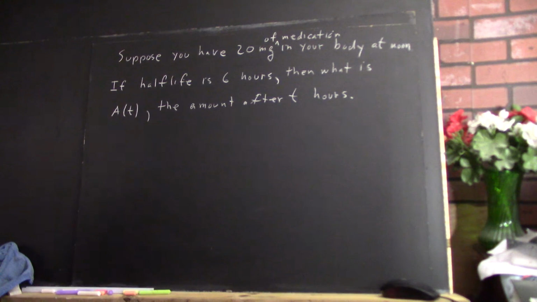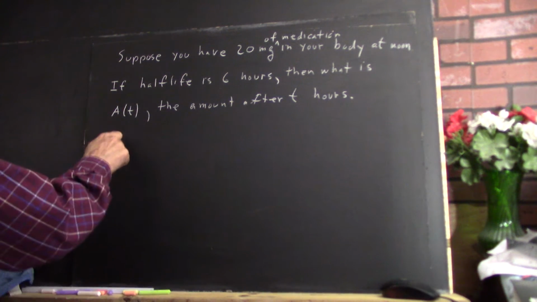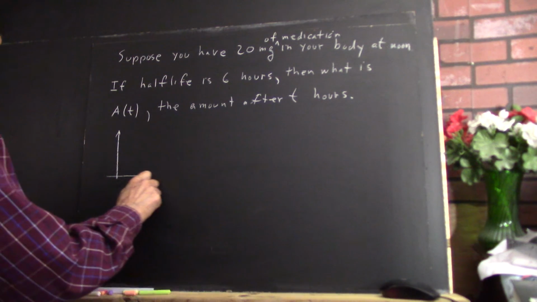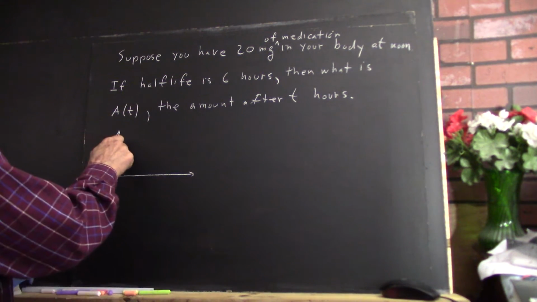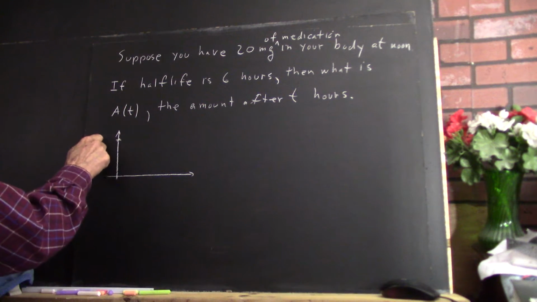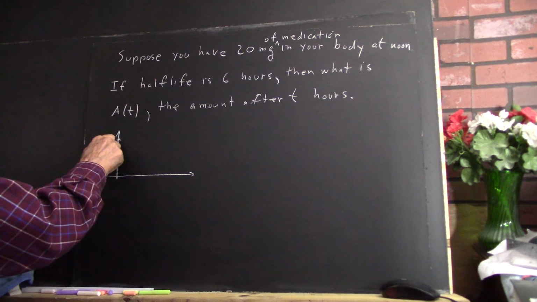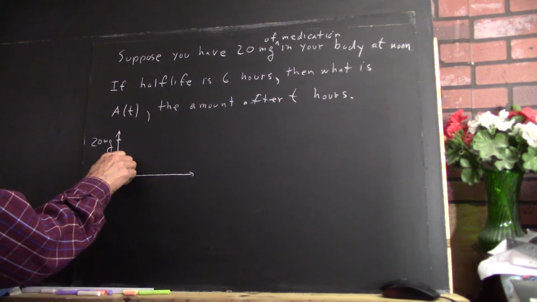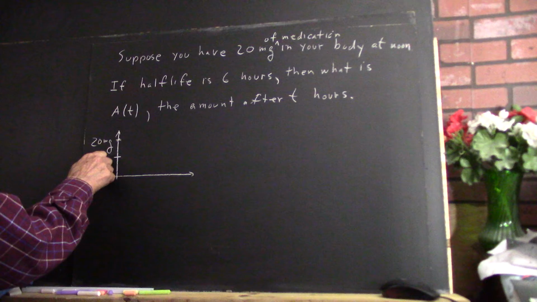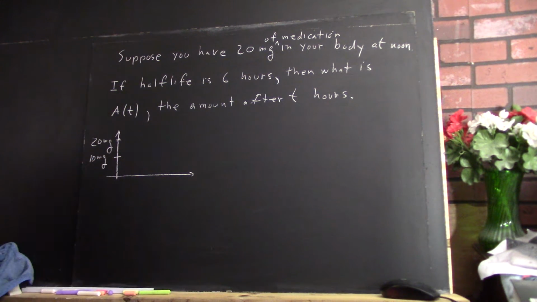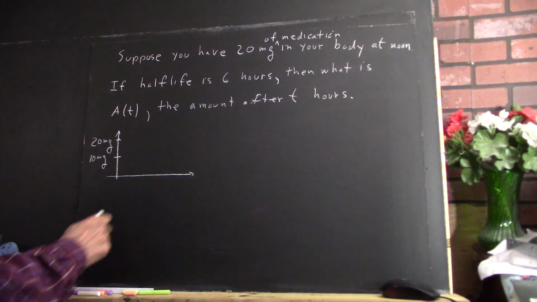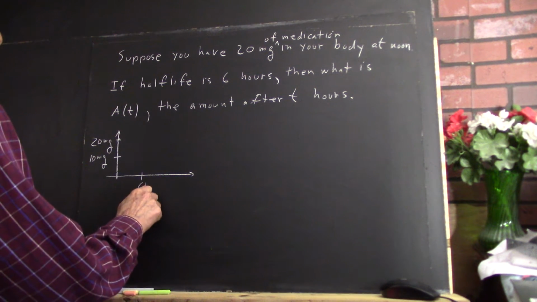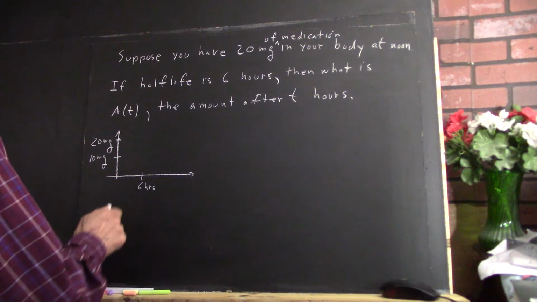Okay, well, it's always a good idea to sketch a graph. So let's say here is 20 milligrams, and here's 10 milligrams. And let's say that this is 6 hours.